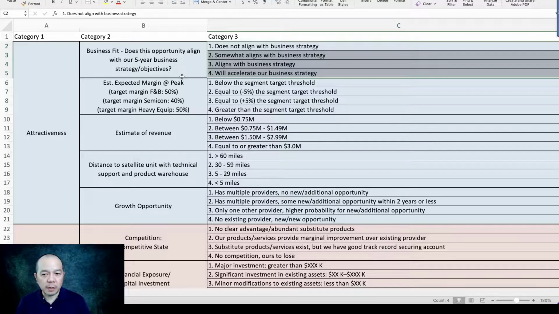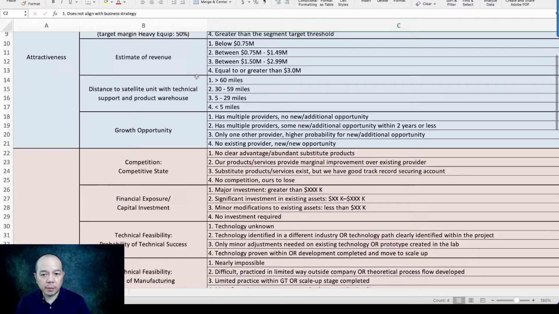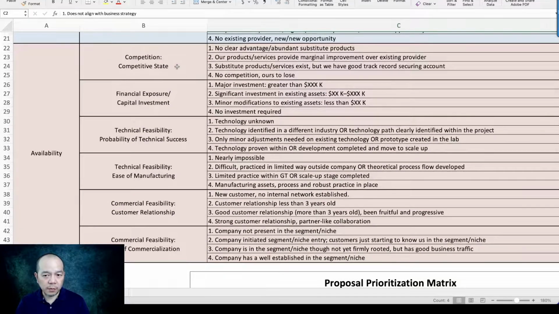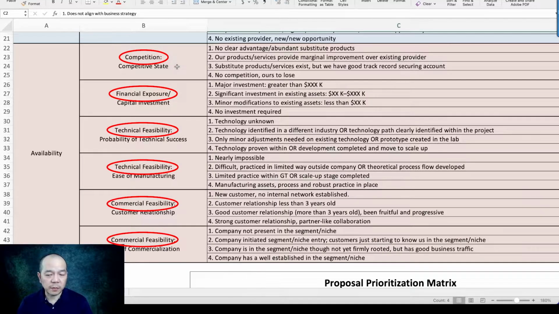So with that said, those are some of the important things here. In terms of availability, there are other subcategories, from competition to financial exposure, technical feasibility, and commercial feasibility.